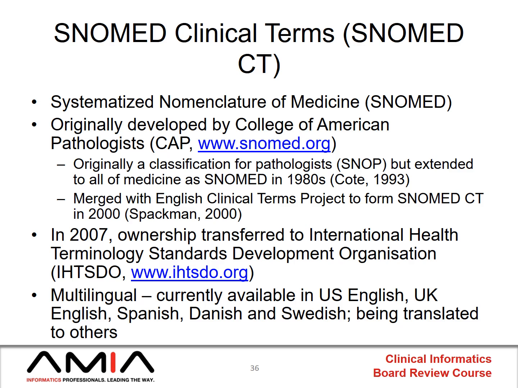There was actually a related project going on in England, the Clinical Terms Project, and that project merged with SNOMED to become SNOMED CT. The ownership of SNOMED was transferred to the International Health Terminology Standards Development Organisation, or IHTSDO, and SNOMED has been translated into a number of different languages, and it continues to be translated into more.